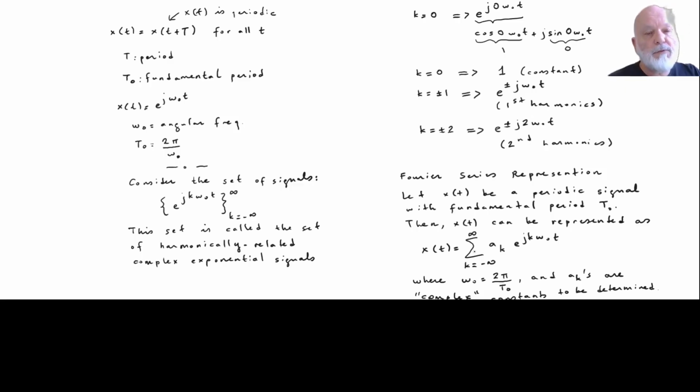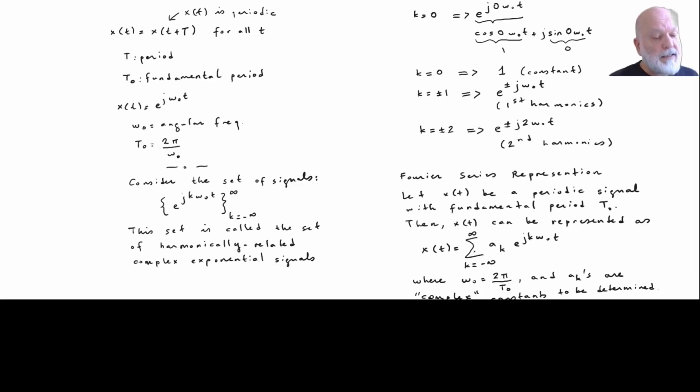So in other words, we have the well-known superposition action in the representation of signals. So the periodic signal can be represented as the superposition of complex exponential signals which are harmonically related.